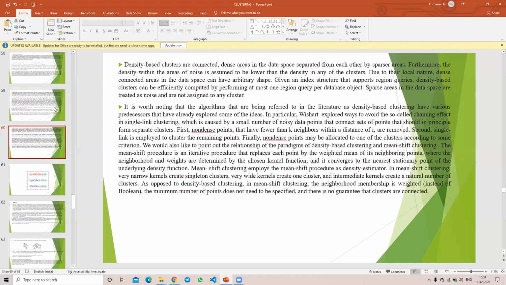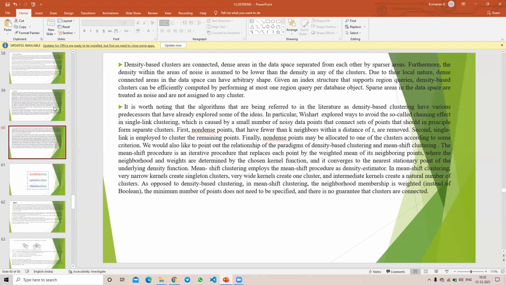We would also like to point out the relationship between the paradigms of density-based clustering and mean shift clustering. The mean shift procedure is an iterative procedure that replaces each point by the weighted mean of its neighboring points, where the neighborhood and weights are determined by the chosen kernel function, and it converges to the nearest stationary point of the underlying density function.